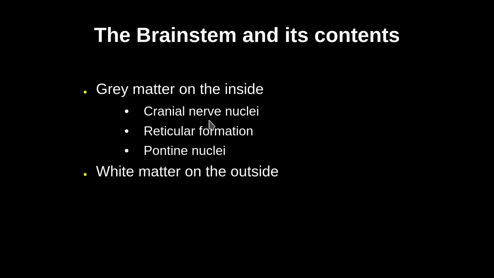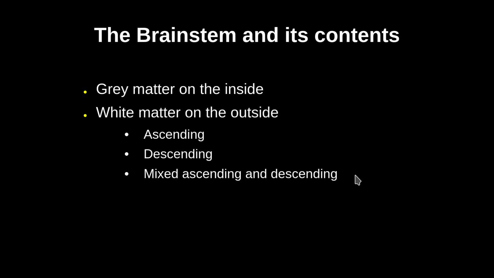The reticular formation controls the automatic processes, as well as nuclei which have to do with the cerebellar system in terms of balance. And the white matter on the outside is either descending or ascending, or they crisscross and connect structures within the brainstem itself.